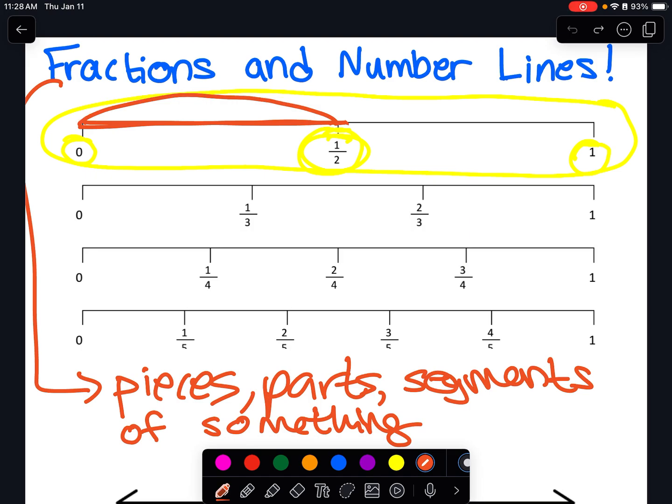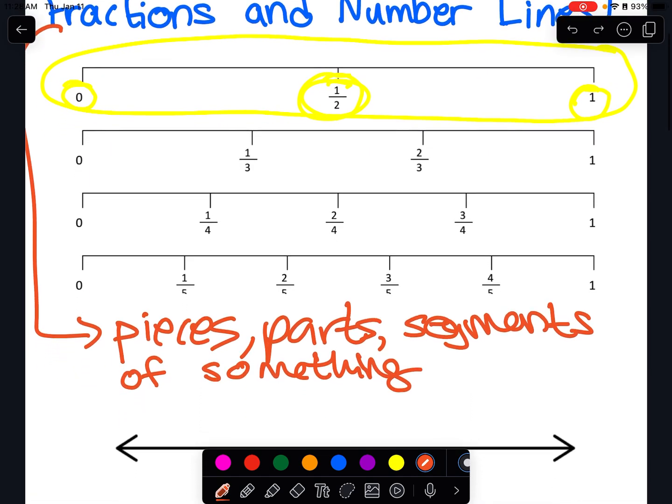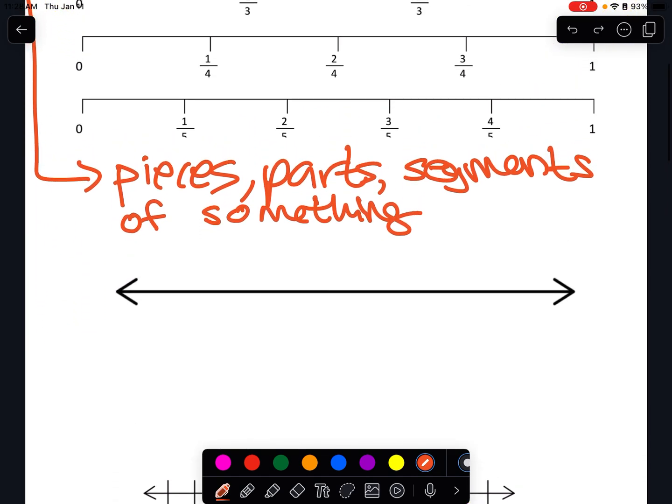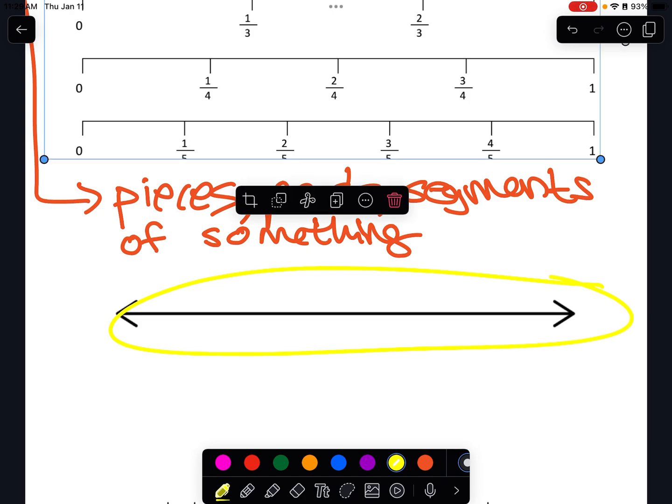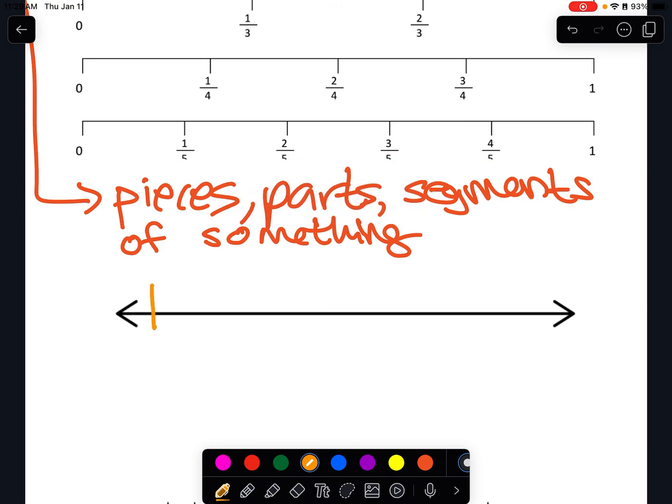Now, you might encounter a time where your teacher says, okay, here's a number line, show me where 1/2 would be. So what you would do is start by saying, okay, I'm going to put the 0 here because that's nothing, and then the whole here.